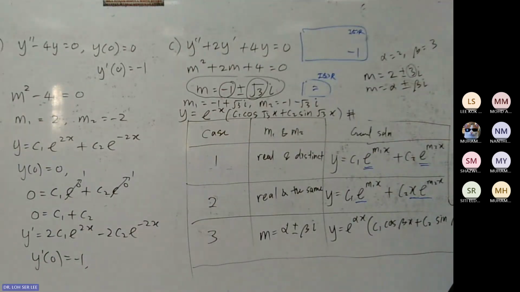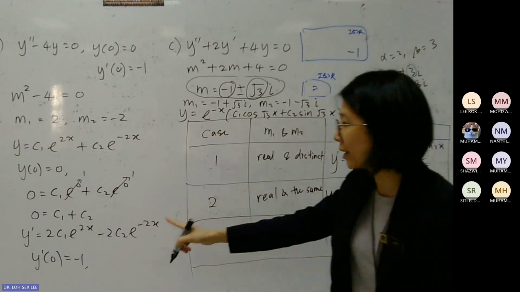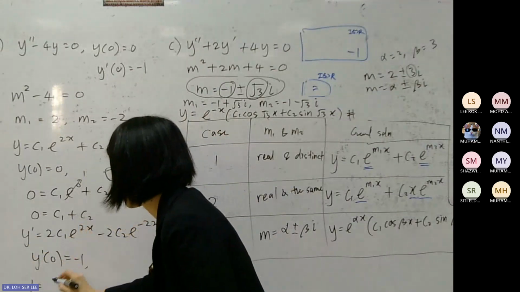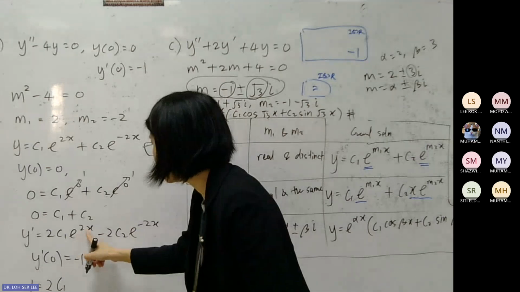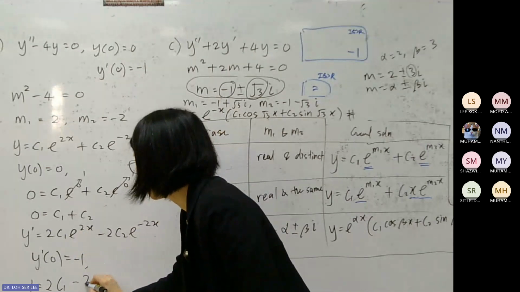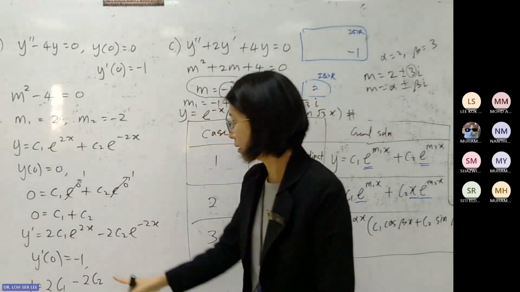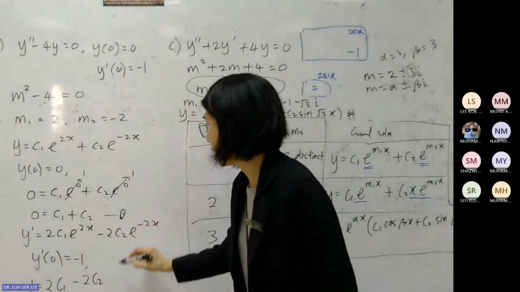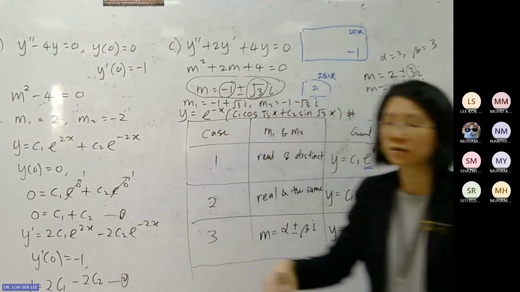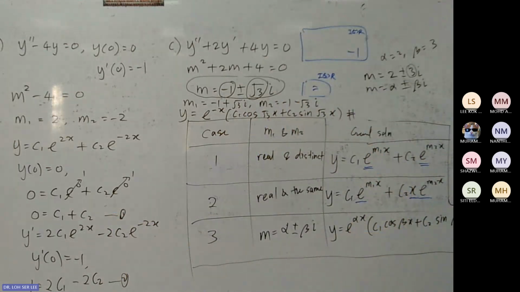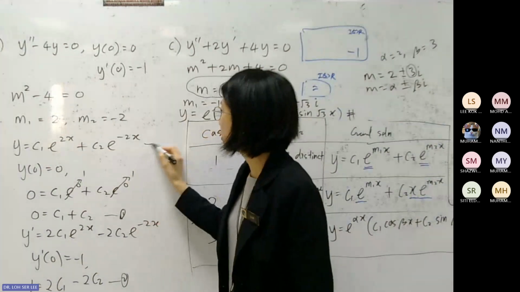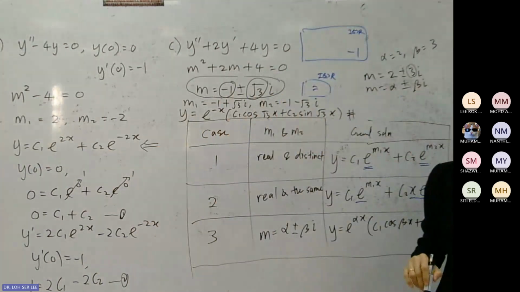It means when x is 0, y prime is negative 1. So 2C1 e^0, which is 1, minus 2C2 e^0, which is 1. Then you get the second equation. With the first and second equations, you solve these two simultaneously to get C1 and C2. And lastly, put the C1, C2 values back into your solution to get the final solution.